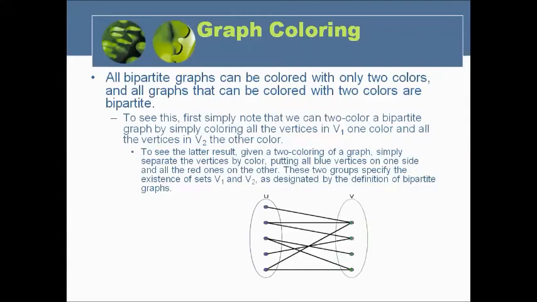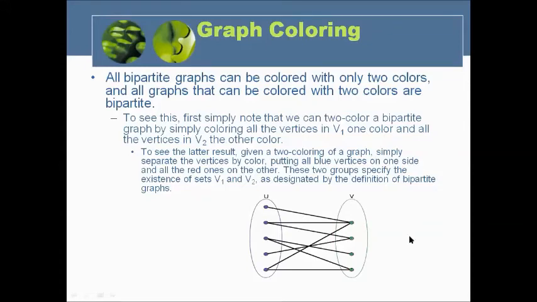So this one, the U and the V, an undirected graph with the vertices. Given a two coloring of the graph, simply separate the vertices by color, putting all blue vertices on one side and all the red ones on the other side.